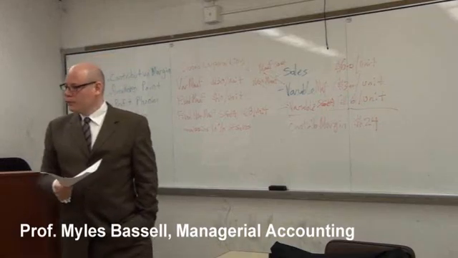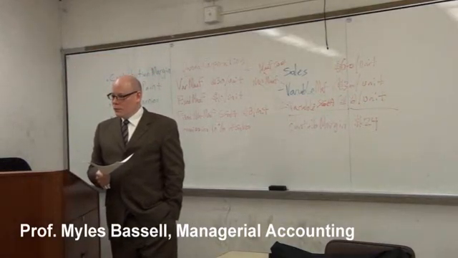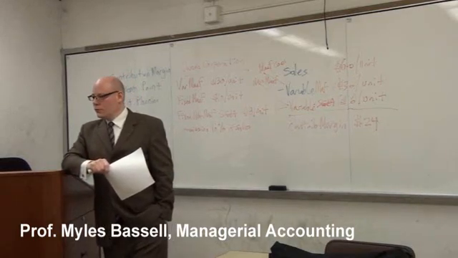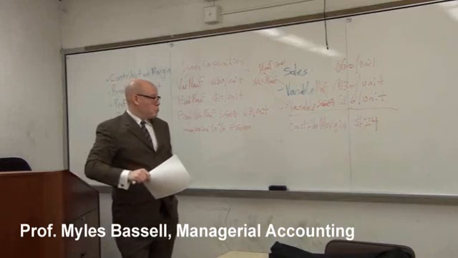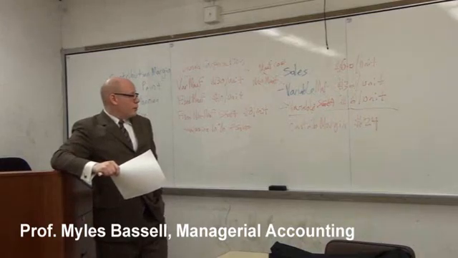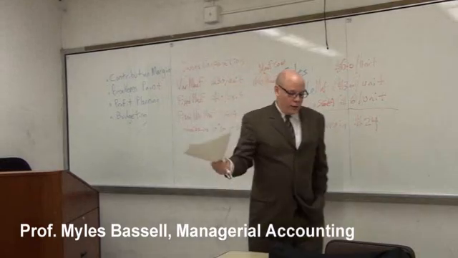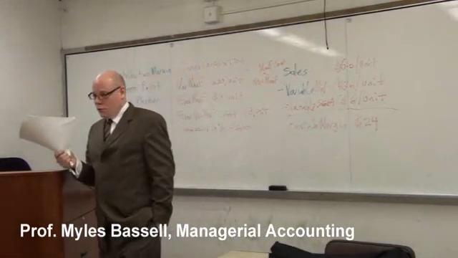Because we don't know exactly how many units she's going to sell. Because we can't make a fixed cost of commission and predict. Well, it could be fixed. Her compensation could be fixed, right?